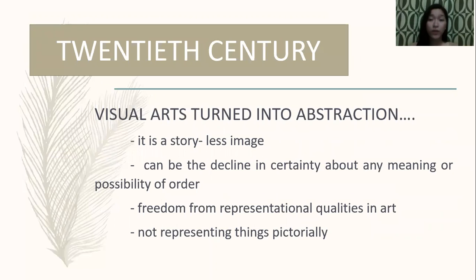Next is the 20th century. In the 20th century, visual arts turn into abstraction. So from visual arts, it turns into abstraction. When we say abstractions, it is the loss of story in images, the decline in certainty about any meaning or possibility of order, freedom from representational qualities in art, not representing things pictorially.